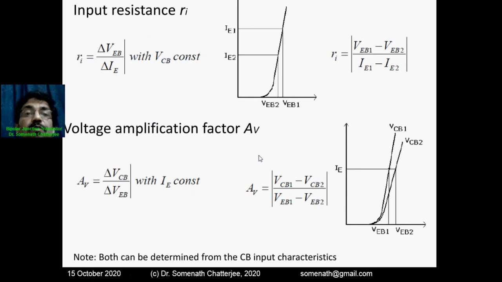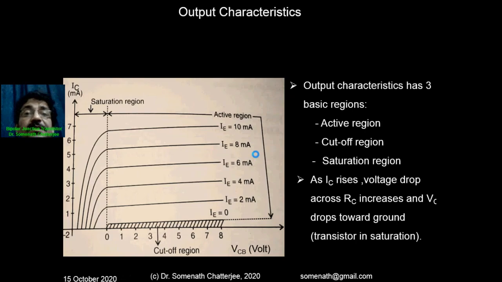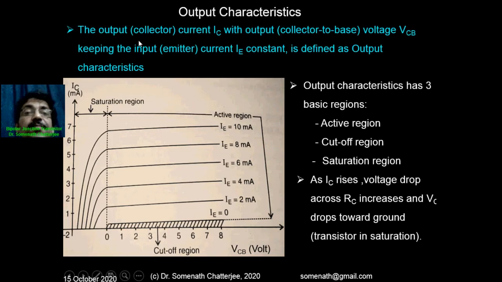Now we will go for the output characteristics. So what is output characteristics? This side is collector to base voltage and this side is collector current.